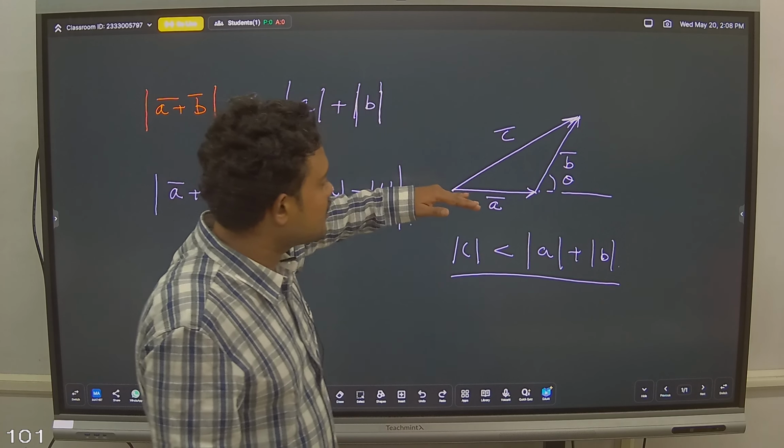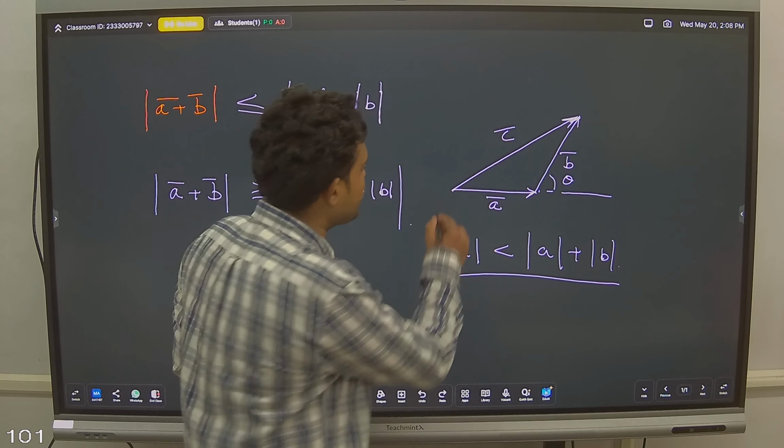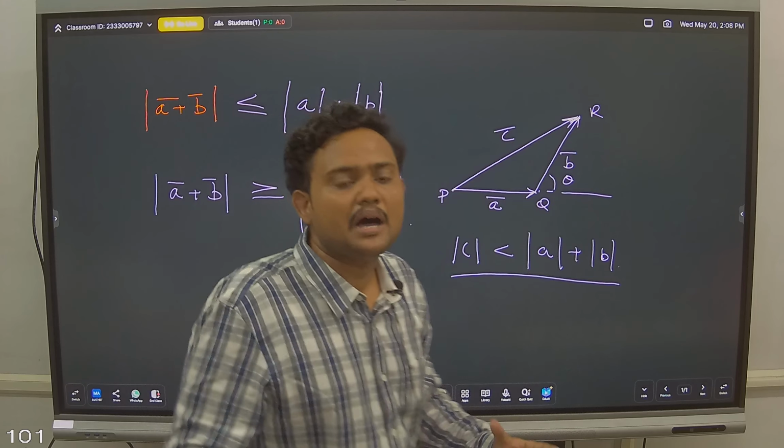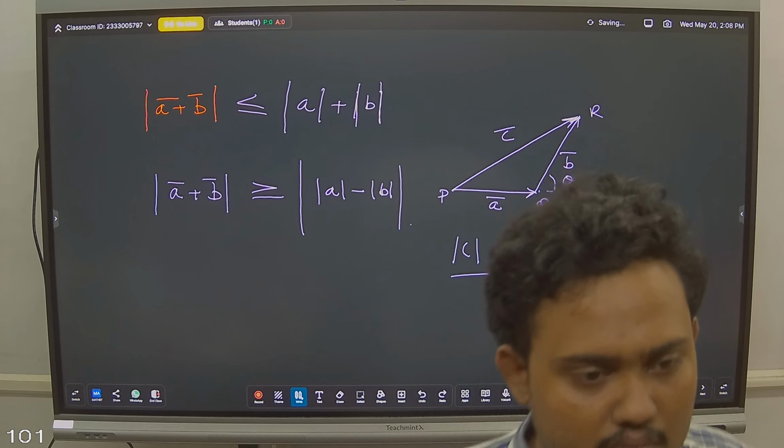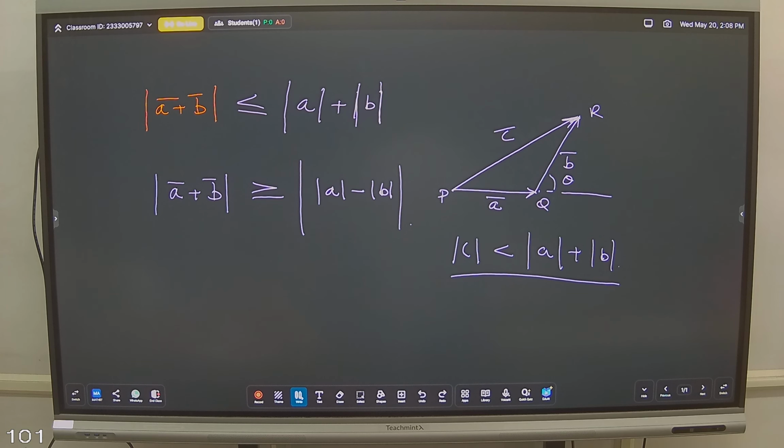Let the points be P, Q, R. C vector is going directly from P to R. If you have a detour in the beginning where you first go to Q and then go to R, the path will have to be longer, right? So in any triangle, the sum of any two sides should be greater than the third side.